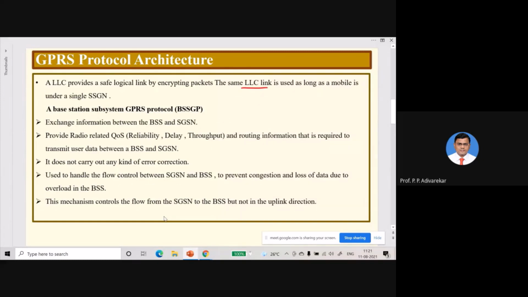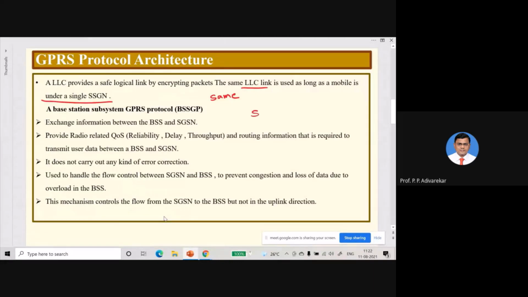The same LLC link is used as long as we are under a single SGSN. As we know, SGSN is equivalent to the MSC of GSM, so this is at the same hierarchy level as MSC.